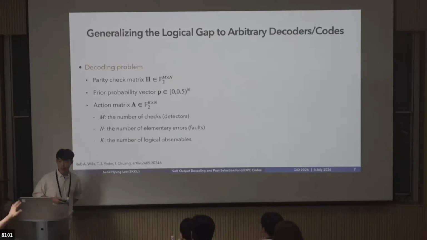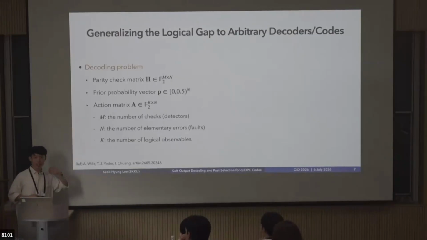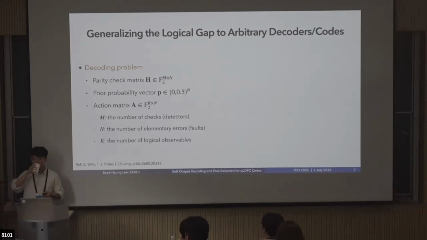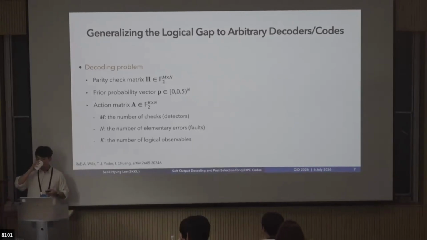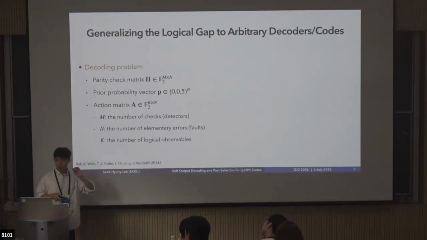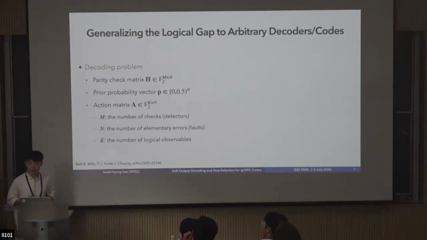Here, is it at the circuit noise level or the code capacity level? It doesn't matter. It is just a general description for all of them. Well, what does it mean by action? Like elementary error, some detector difference, the logical observable is not about those local detectors, it's more of a global thing. So how can we prescribe it? In the case of the code capacity noise model, the definition of the action matrix is trivial.